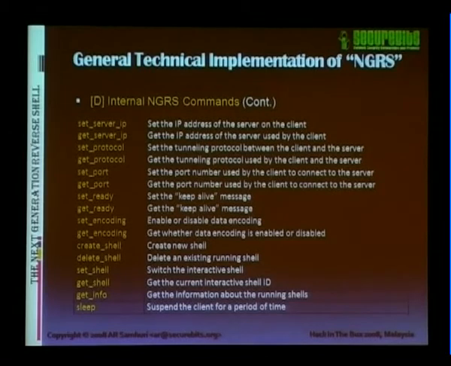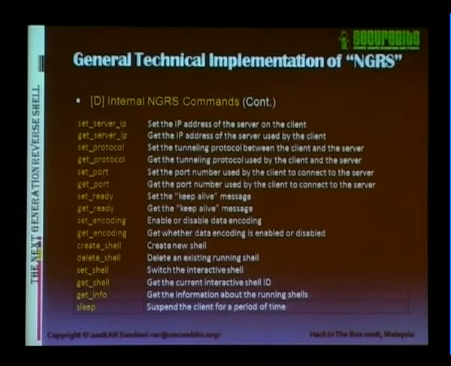Set protocol and get protocol. You can set the tunneling protocol on the fly using this command. For example, if you have the tunneling protocol HTTP, you issue set protocol FTP, and then you have FTP. Get protocol gives you the current tunneling protocol. Set port and get port also change the port number of the tunneling traffic.